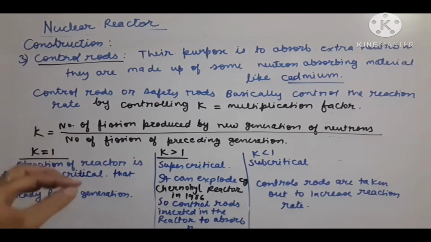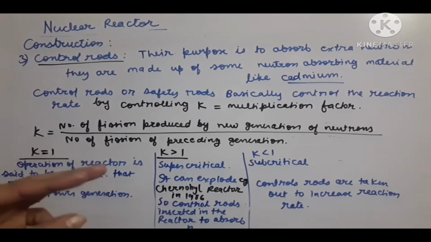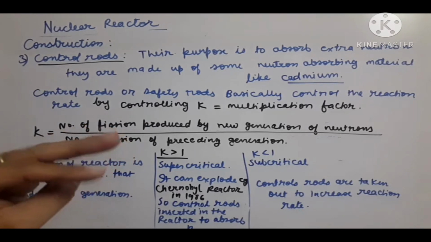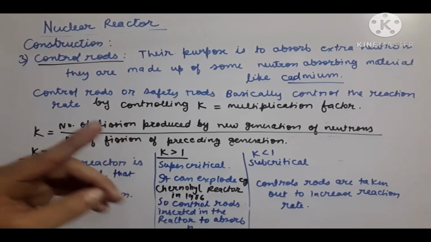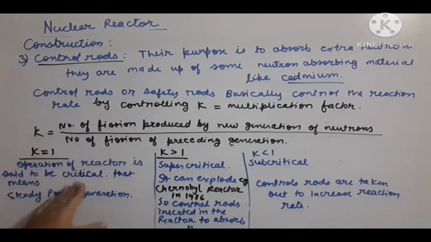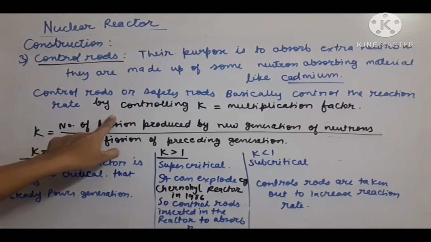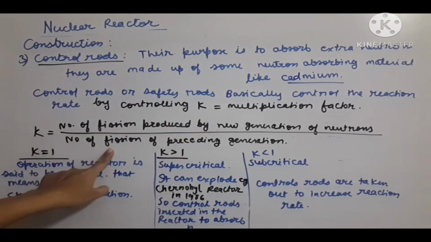Now we want the controlled chain reaction. We want that out of the 3 neutrons which are generated, only one neutron should trigger the fission reaction, so that this chain reaction is controlled. So we will be writing the 3 cases here, which K we want. K equal to 1 means the number of fissions of the new generation and the old generation are the same.